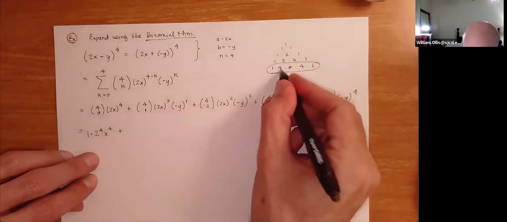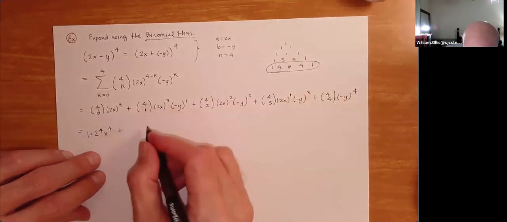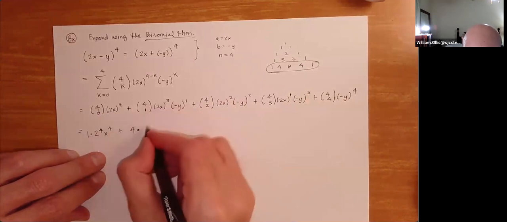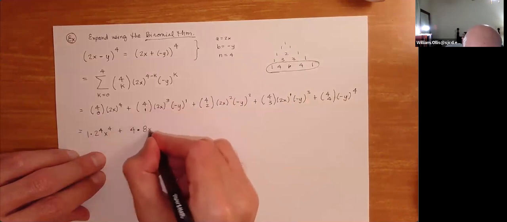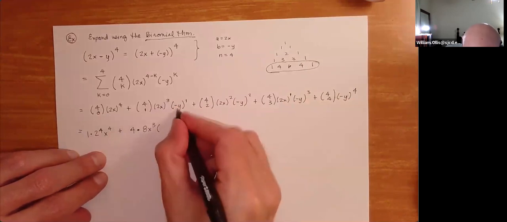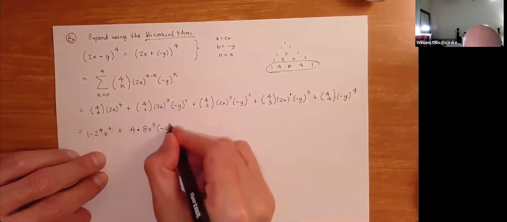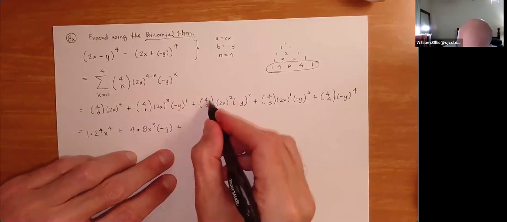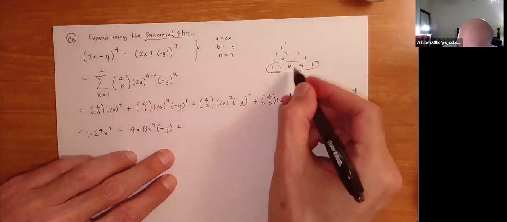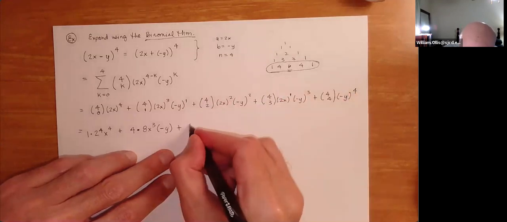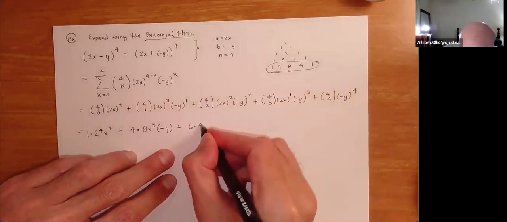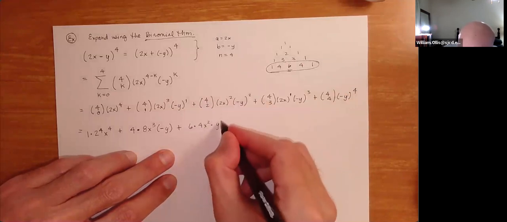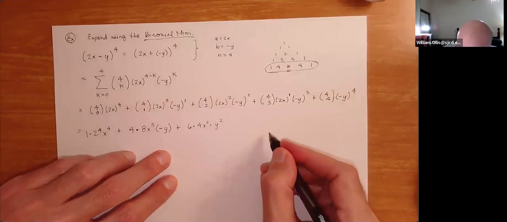Now 4 choose 1, that's 4, or just compute it directly. 4 times 2x cubed, 8x cubed, and then we have times a negative y, plus 4 choose 2. That's just 4 times 3 divided by 2, which is 6. So we have 6 times 4x squared. And then negative y squared is just y squared, the negatives absorb.